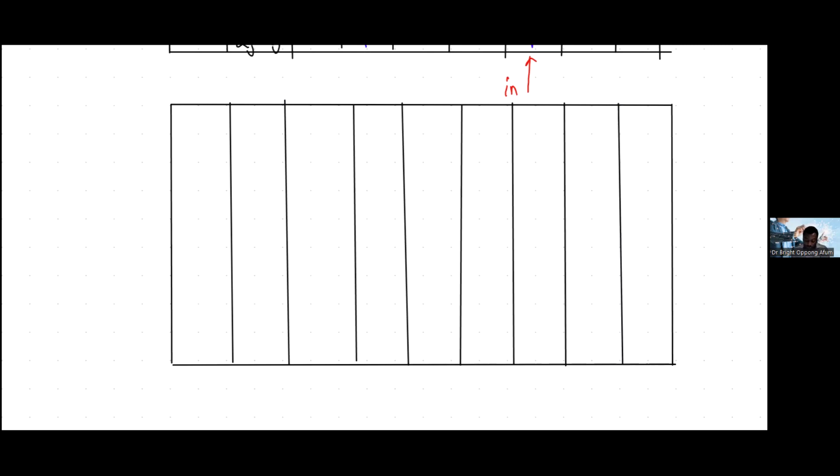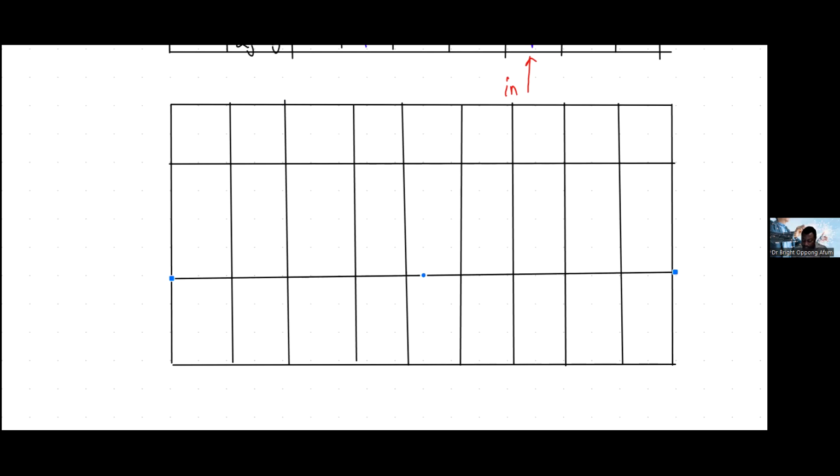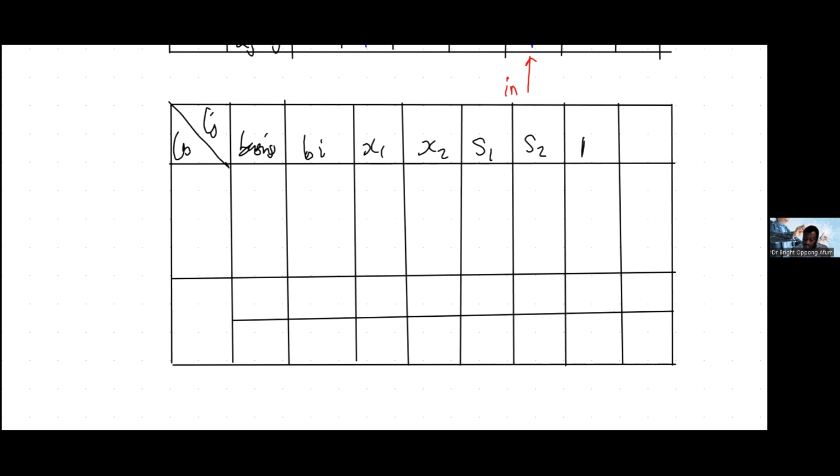Then ZJ, ZJ minus CJ, and this to 0, 0, 0, 0, 1, 1.